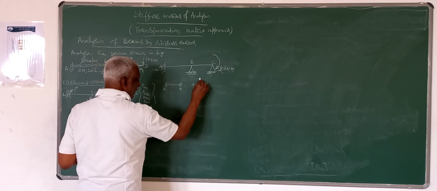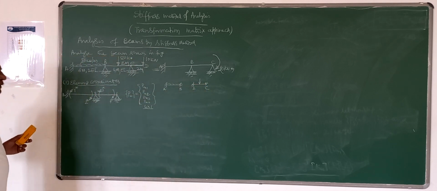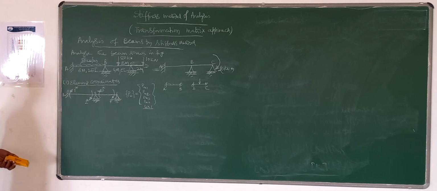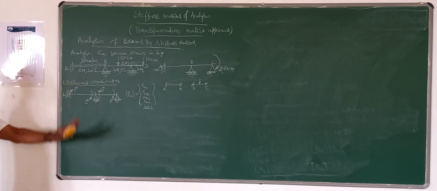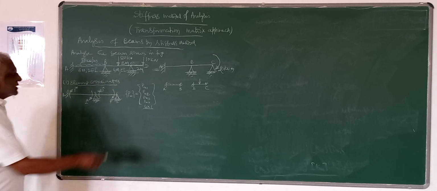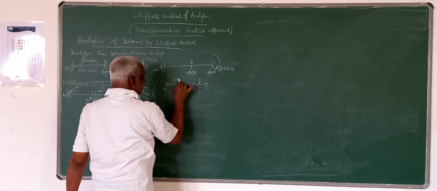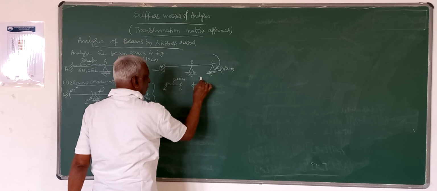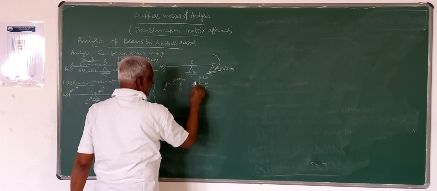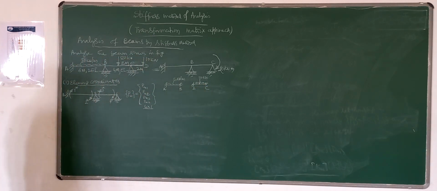generally member loading, during the analysis, we just convert that member loading into equivalent joint load by determining the fixed end moments at the end. So these fixed end moments, due to the member loading here, we have two member loadings: 50 kilonewton per meter UDL, and another 80 kilonewtons acting on members AB and BC.